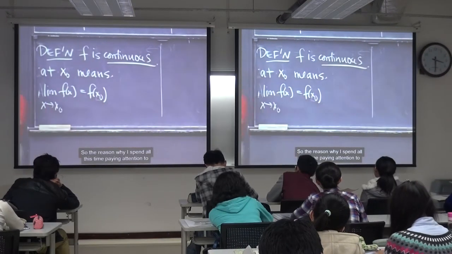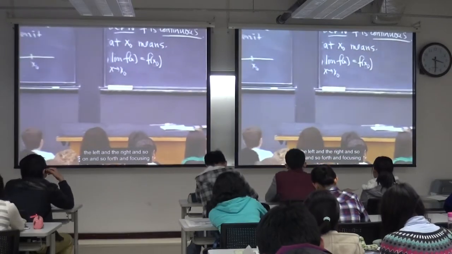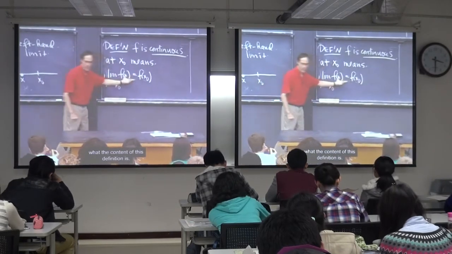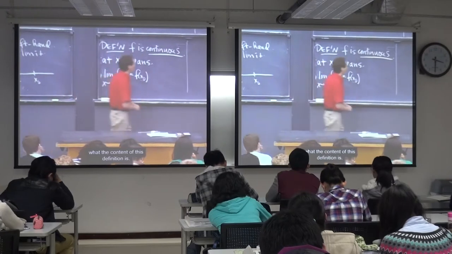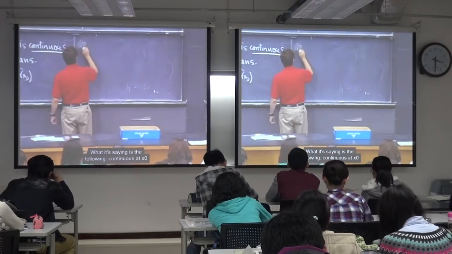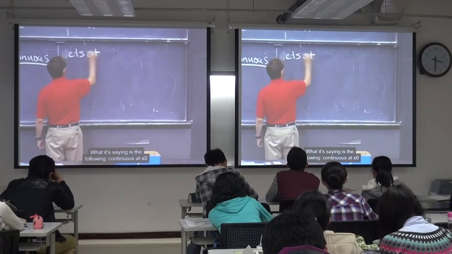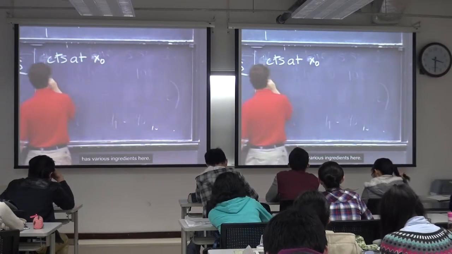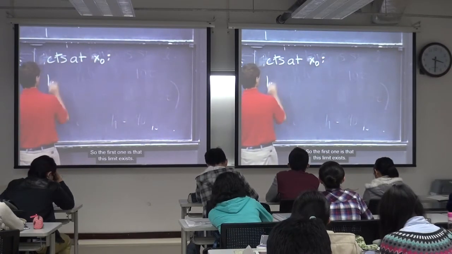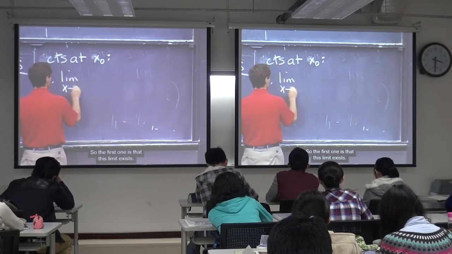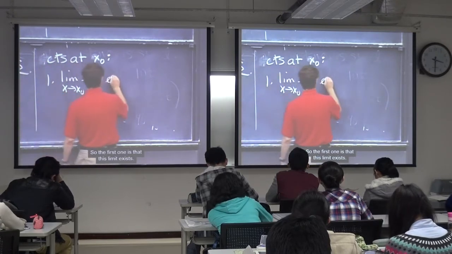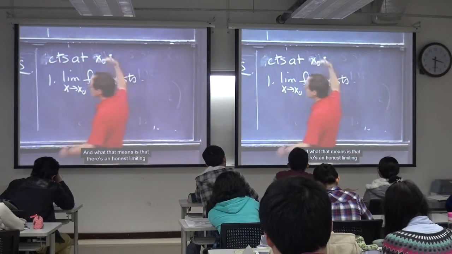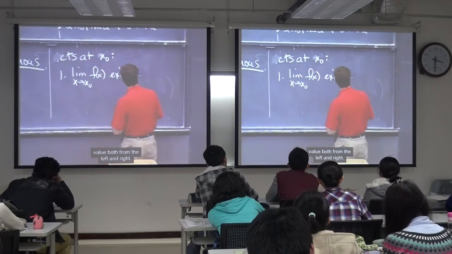So the reason why I spent all this time paying attention to the left and the right is that I want you to pay attention for one moment to what the content of this definition is. Continuous at x0 has various ingredients here. The first one is that this limit exists. And what that means is that there's a limit value both from the left and right.